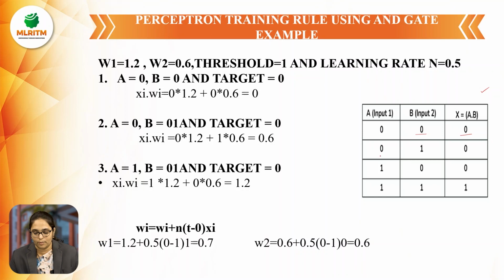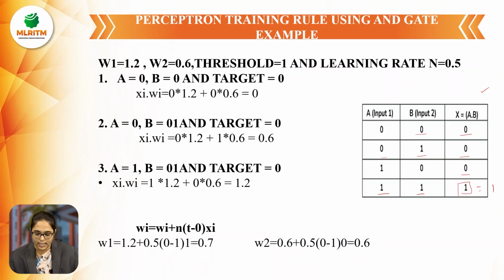If any one of the input values is 1, the output is still 0, for 0, 1 it is considered a 0. If both input values are 1, then the output value is 1. This is the basic logical AND gate. So by using this, we'll build an ANN.